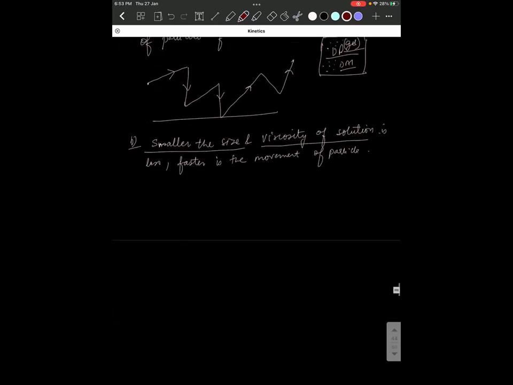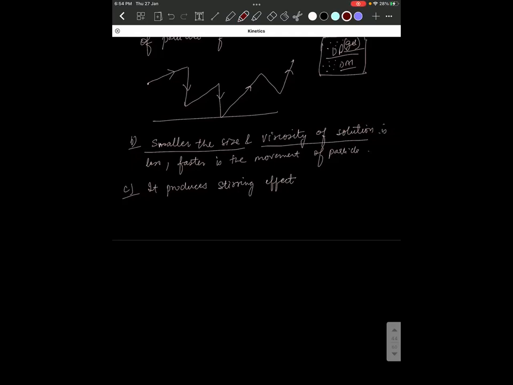Now the third point is it produces stirring effect. What is the stirring effect? The stirring effect is the continuous movement of the particle. The particle is running and running and it is showing the stirring effect.